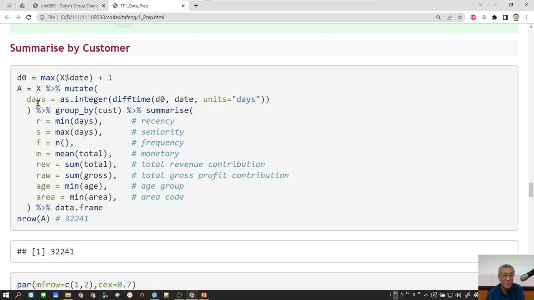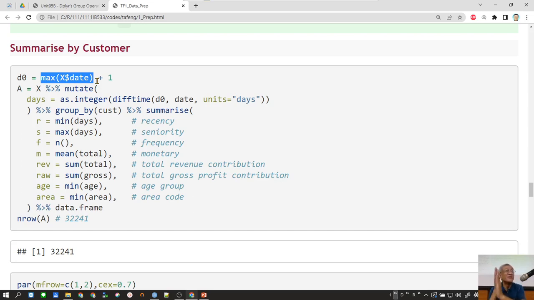I mutate the column called days. And I use the maximum of date plus 1. Usually when we calculate the recency, because the period ends at the end of February, I count the difference between the date and March the 1st.